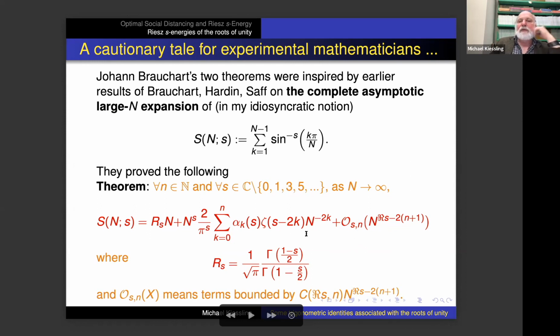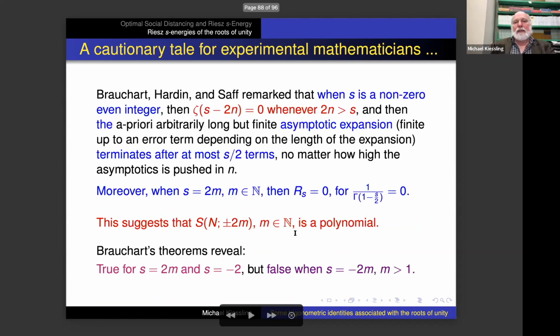The interesting thing is they observed that when s is an even integer, this will terminate. No matter how large you make n, this will terminate at some point. So the conjecture was that this must be a polynomial. Then what Johann's two theorems say is that it is true, it is a polynomial when s is a positive even integer, but when s is -2m with m bigger than 1, then it's piecewise linear and therefore not a polynomial.